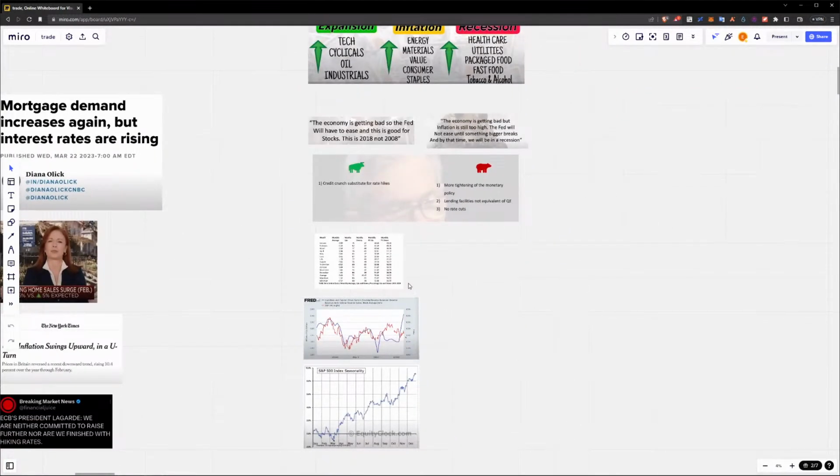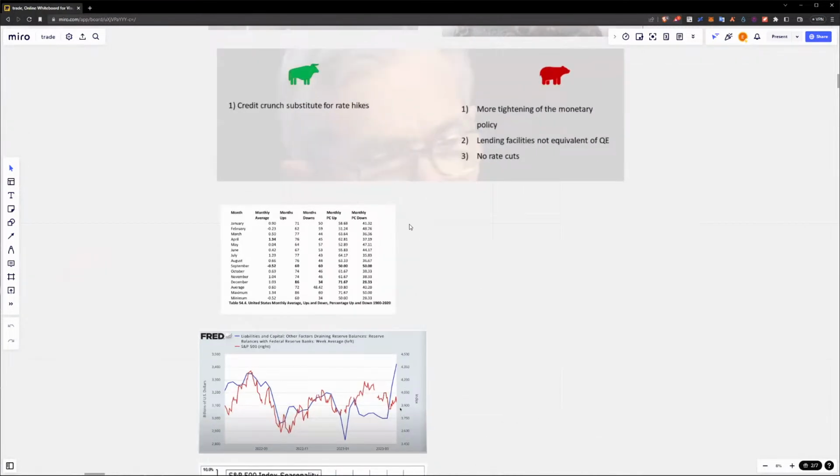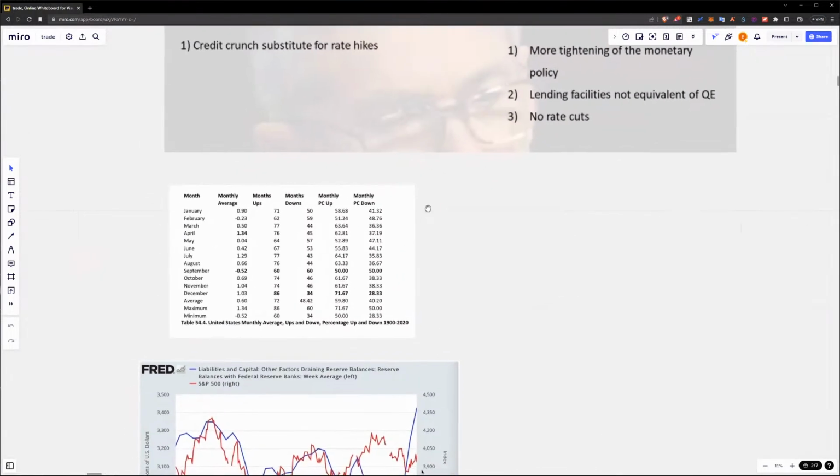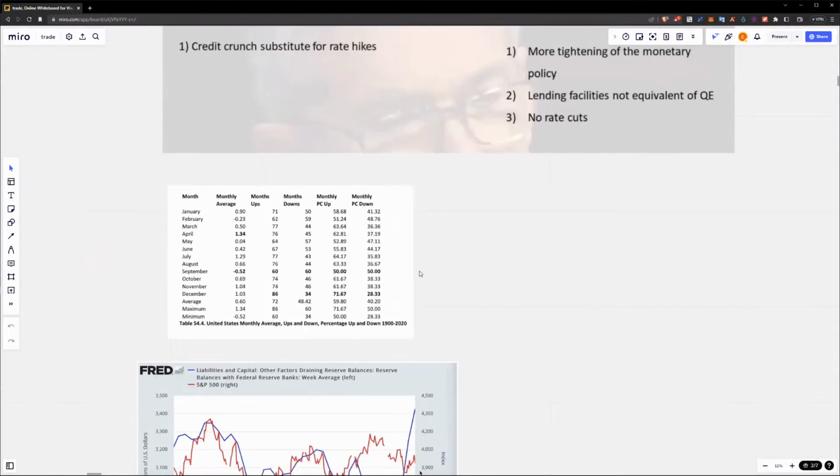But to continue with the bullish case, let's say, okay, this was the bottom and we are going up and up. We can make a few arguments: April is a great performing month in terms of the last 120 years. We see a very high upside.